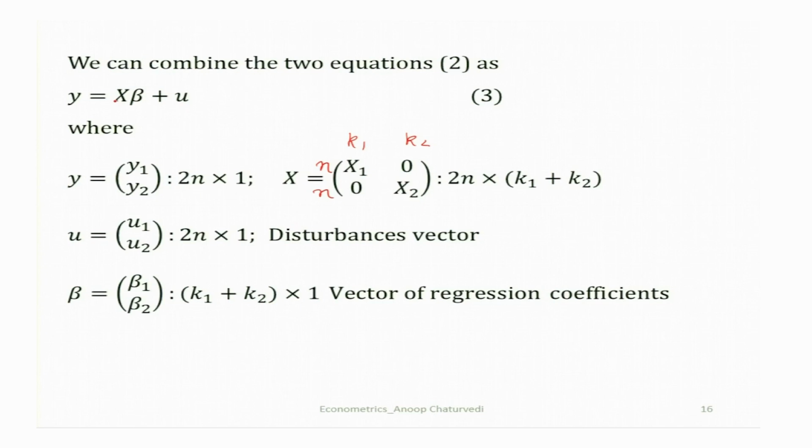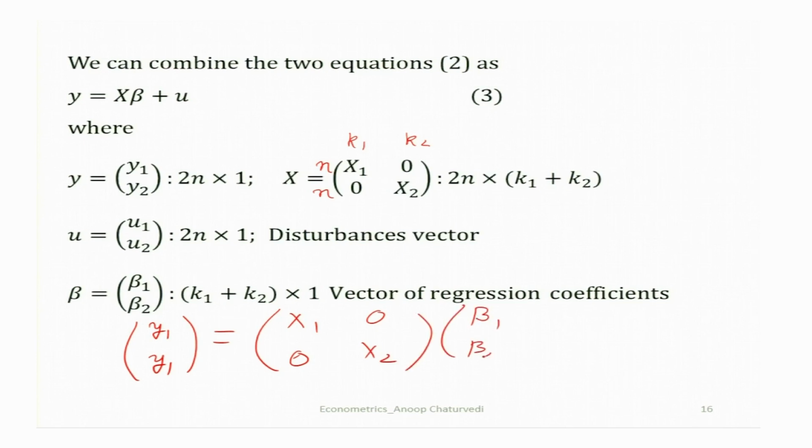In fact, if you write this equation as y1 y2 equal to X1 0 0 X2, then beta1 beta2, plus u1 u2, then you get the first equation from here, say y1 equal to X1 beta1 plus 0 into beta2 plus u1.